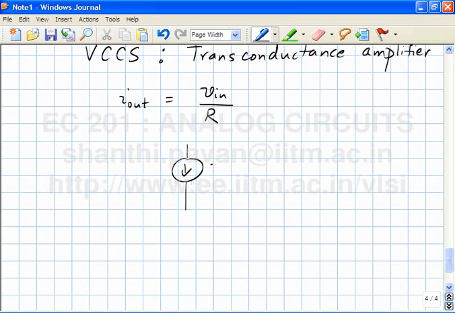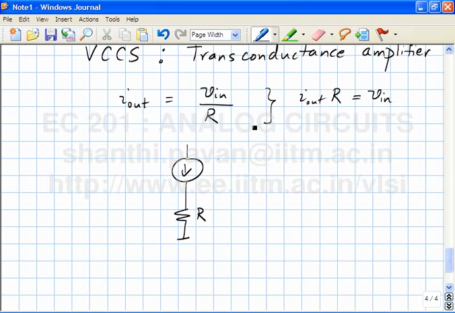If you have a variable current source, I would pass this current through R. Please note that I out equal to Vin by R is equivalent to saying I out times R must be equal to Vin. So if my output current is right, then the current when passed through a resistor R must give me the input voltage.